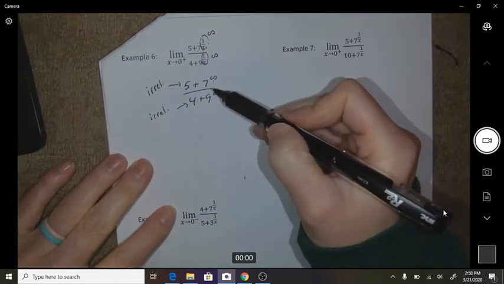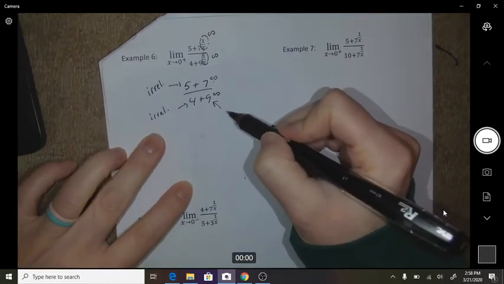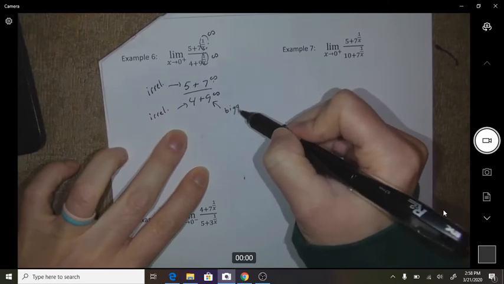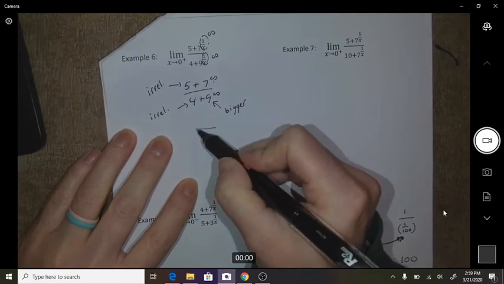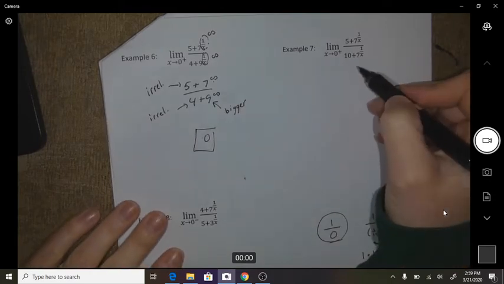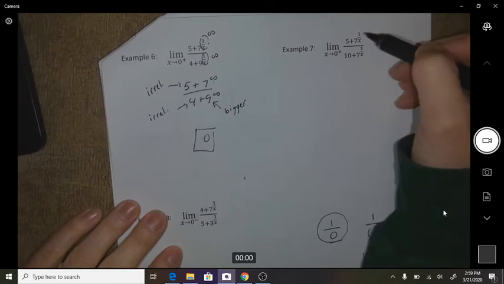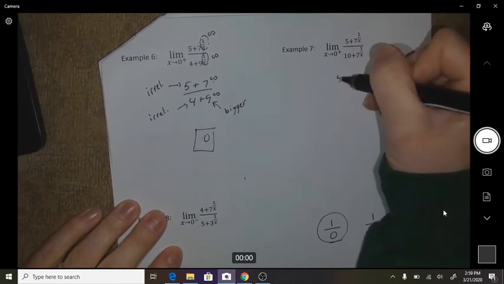But if we compare these two numbers, this one would be bigger. So now we can conclude that this will approach 0. Same thing, if this is approaching 0, this is going to approach infinity.